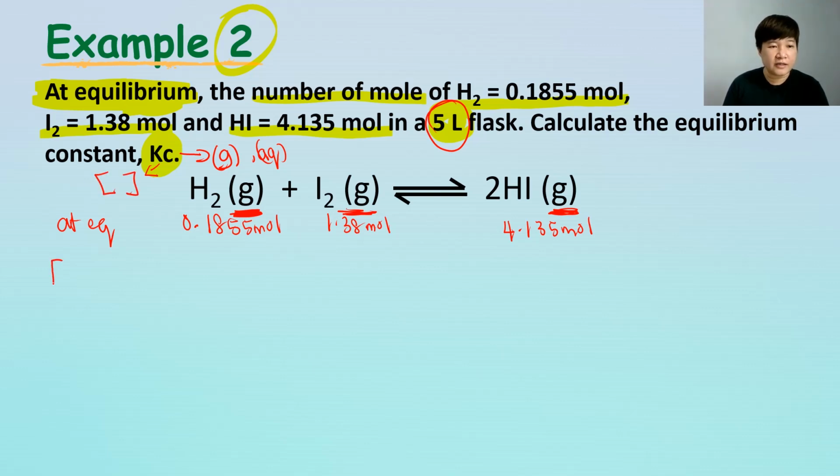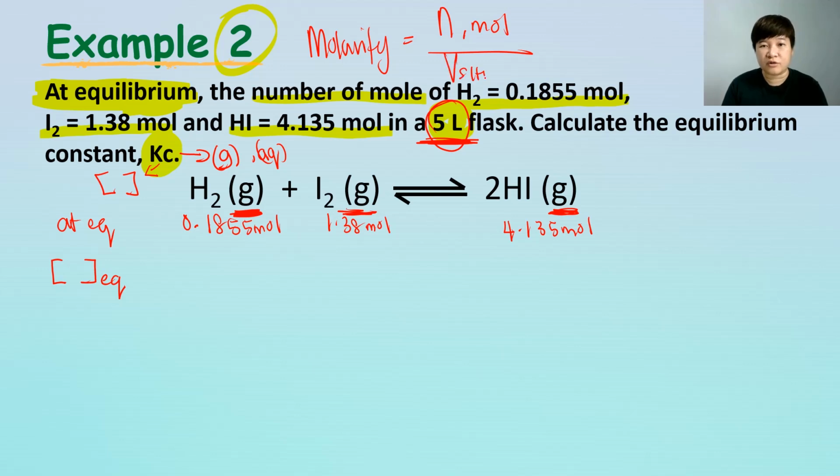So we need to find the concentration at equilibrium, and the concentration at equilibrium can be calculated by using the number of mole at equilibrium and the volume. Remember, molarity or your concentration is equal to number of mole in mole over volume of solution in liter. So you have the number of mole, you have the volume. You can find the concentration.